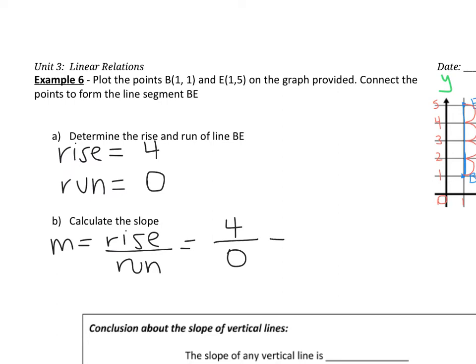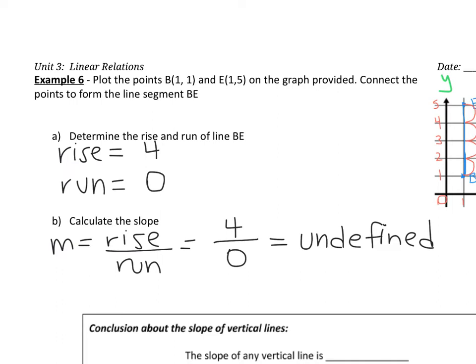So in math, when we get something like this, we don't write error. There is a term that we use, and that is undefined. So we say the slope of this line is undefined, okay? Because remember, slope is a measure of how steep a line is, and this is a line that is not slanted, it is running completely vertical.